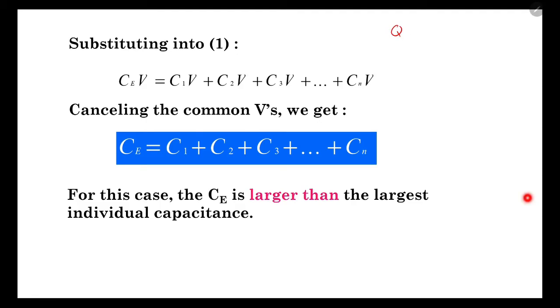So Q total is equal to Q1 plus Q2 plus Q3, and the total potential V total is equal to V1, equal to V2, and equal to V3.